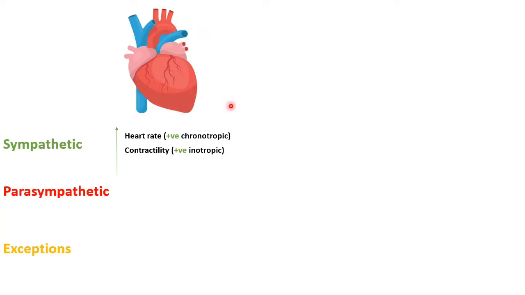Okay, so impulse is generated in the atria in a place called SA node or sinoatrial node. We would discuss that in more details later on. And then it's conducted to the ventricles, okay?